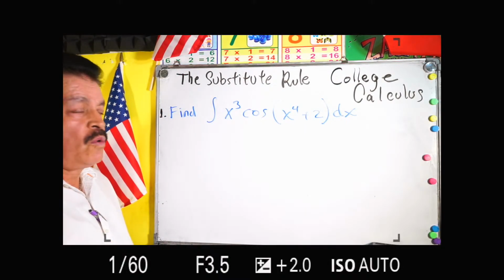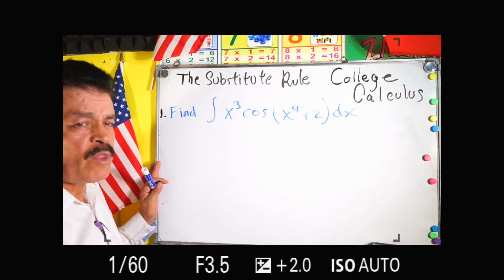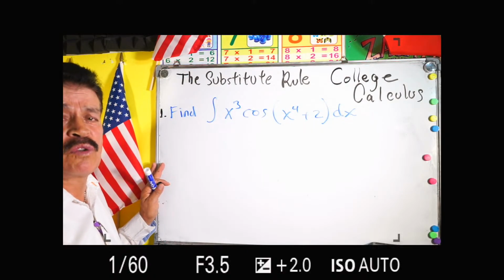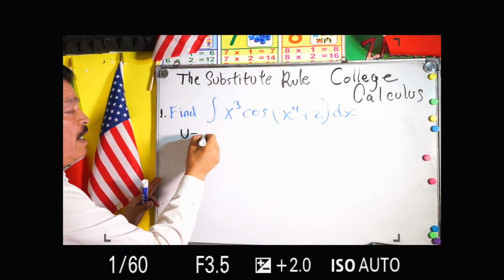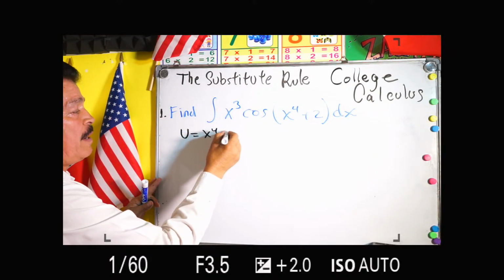Okay, for the solution here, we have to make the substitution u equals x to the 4th power plus 2.